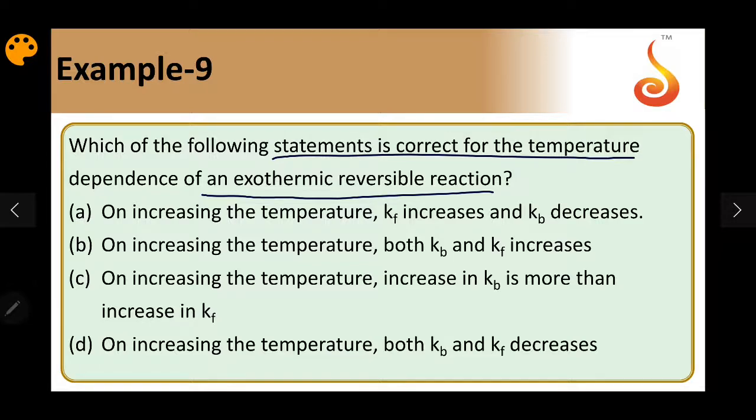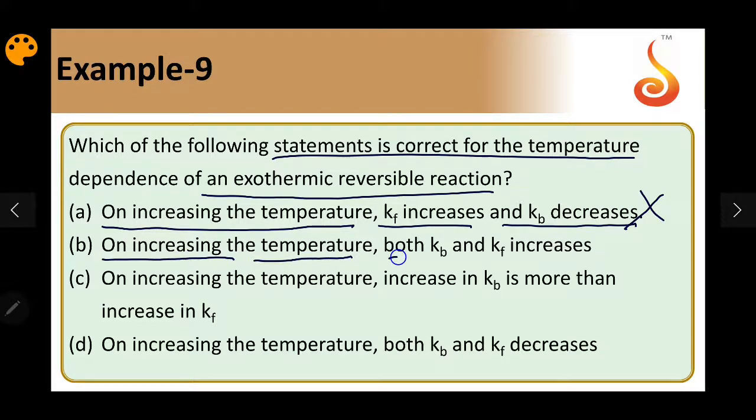So on increasing temperature, Kf increases, Kb decreases, which is wrong. On increasing temperature, both Kb and Kf increase is right, because irrespective of whether the reaction is exothermic or endothermic, the rate constant always increases.